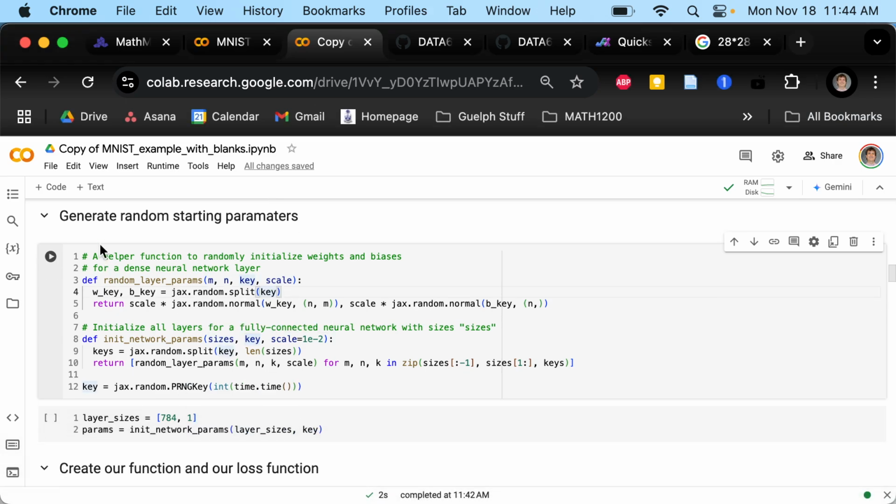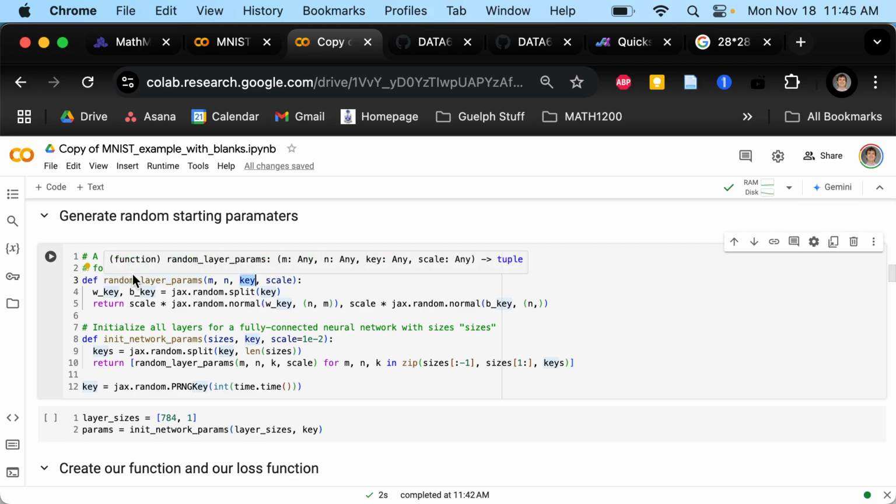So this stuff, random layer parameters, gives you some parameters to start off with. And they start out randomly. When you do things with random numbers in JAX, you need to pass around these random keys. So I have this input called key. Key is a random key. I'm starting it out using the current time. And that way, every time I run it, it's going to be different.